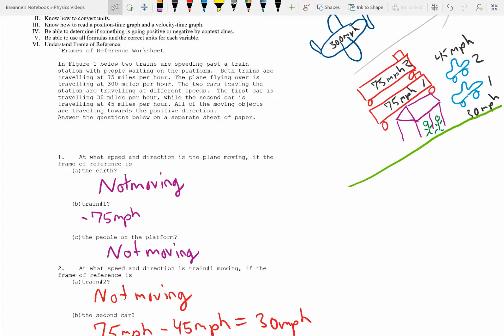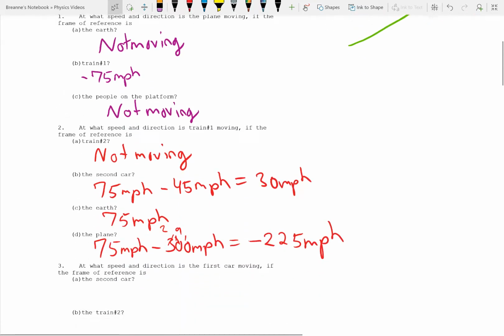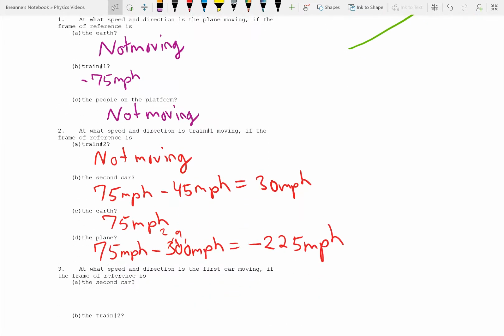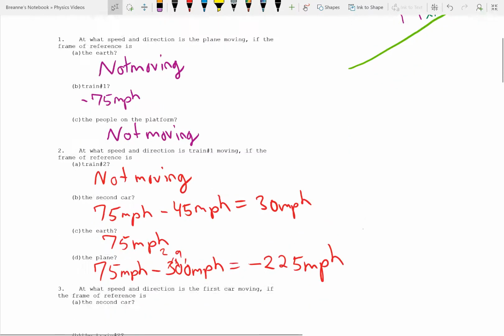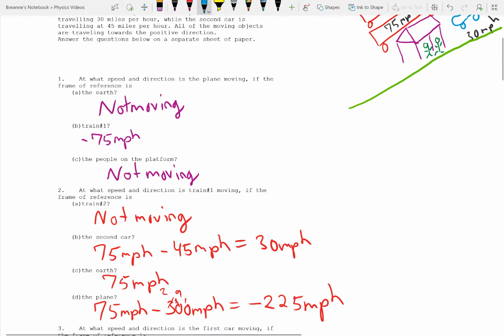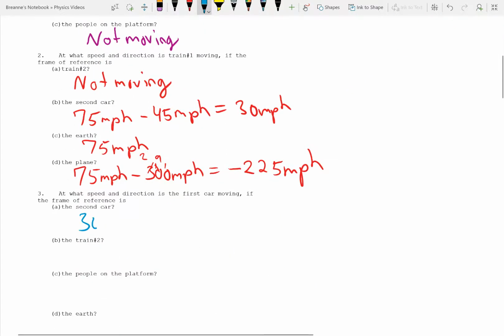So it's first car to the second car. You end up doing 30 miles per hour minus your 45 miles per hour. It's going to seem like the car is moving backwards, going the negative direction, because you're going to end up passing the car. Since you're passing it, it seems like it's moving backwards, and you end up at negative 15 miles per hour.